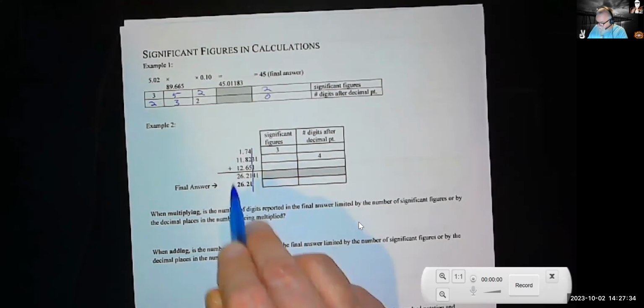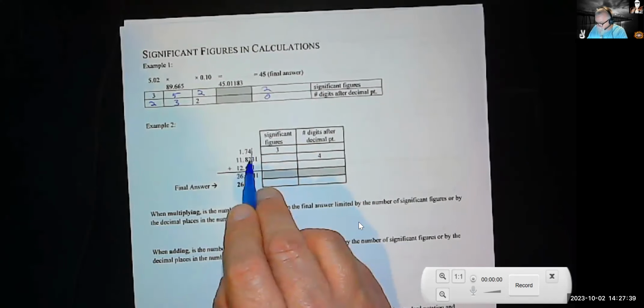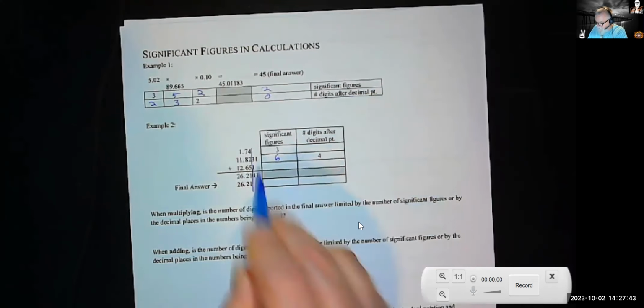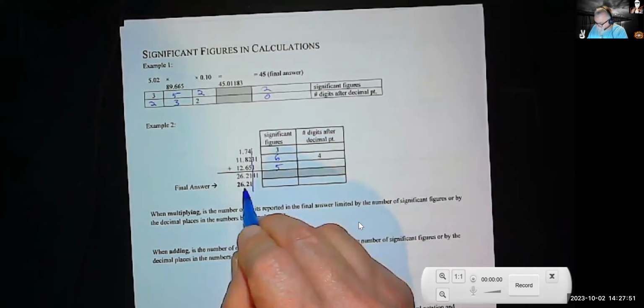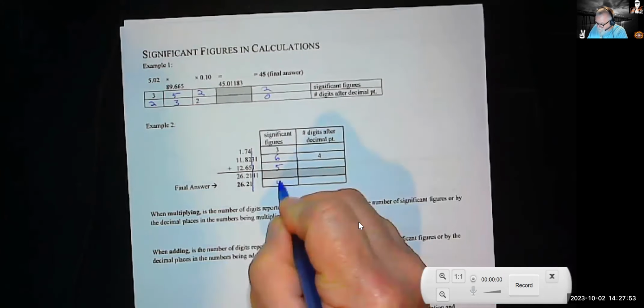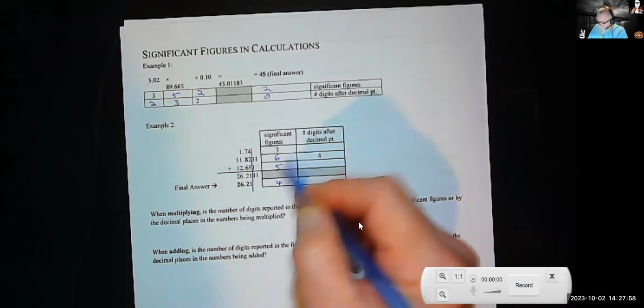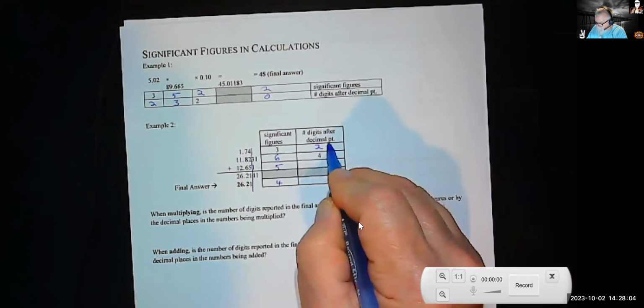And we get this number here. So this one here has 2, 3, 4, 5, 6. That's 6 significant figures. All of them are significant. All of these are significant. That's going to be 5 significant figures here, right? Our final answer has only 4, right? Which is different than all of those. It has nothing to do with the number of significant figures in those. It has to do with the decimal places, right? So here we have 2 digits after the decimal place.